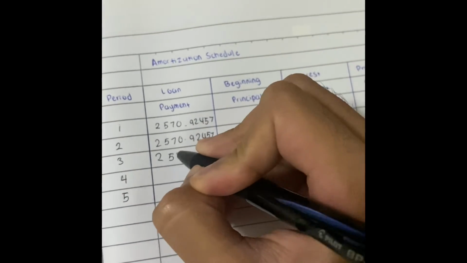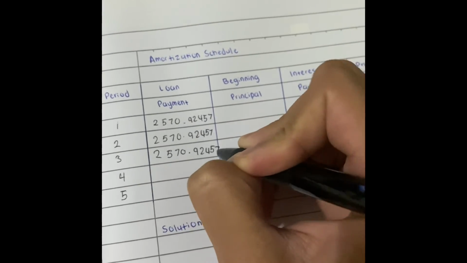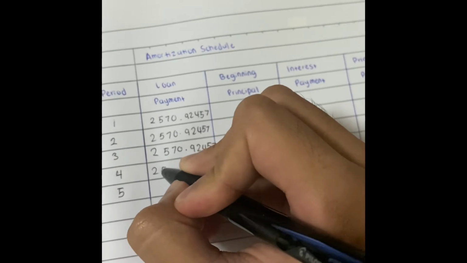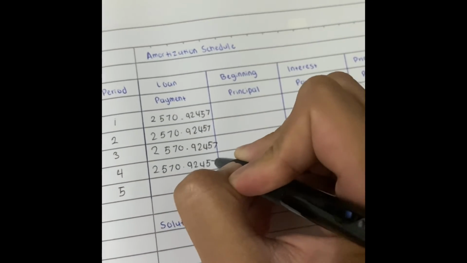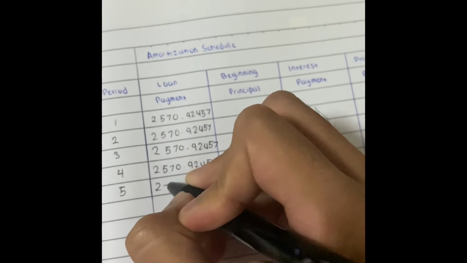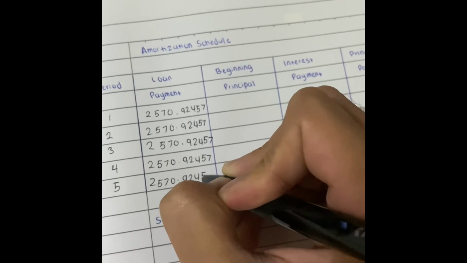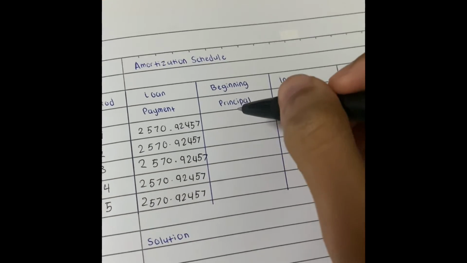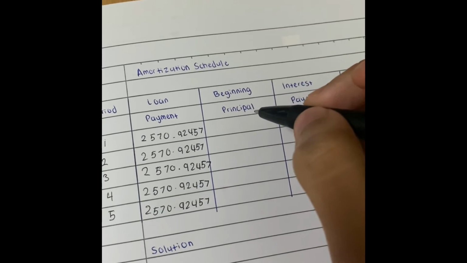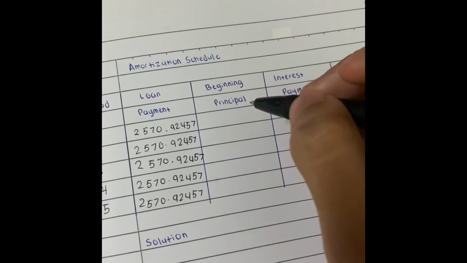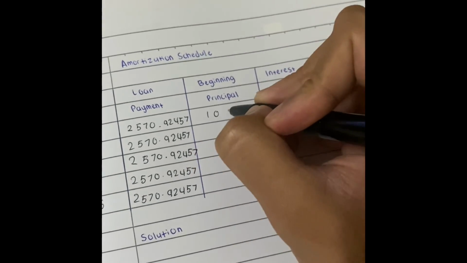The loan payment for each period will be the same. Okay, for the beginning principal, it is the amount that Azman borrowed from the lender, which in total is 10,000.